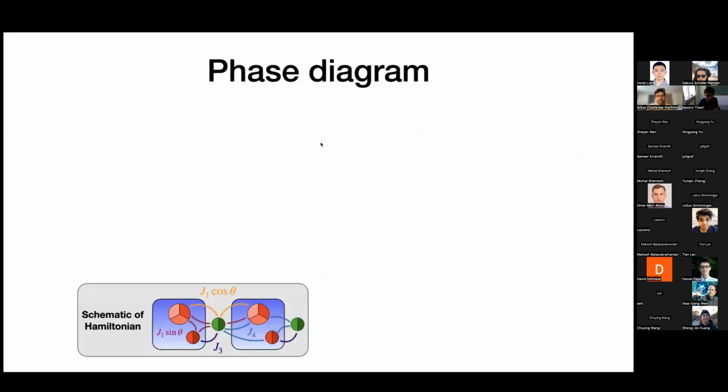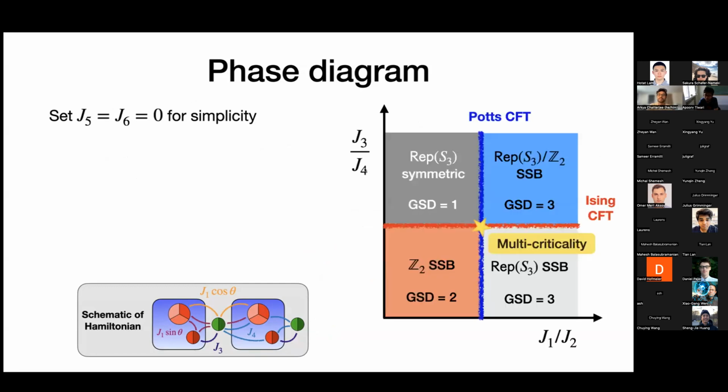So we can look at the phase diagram of this new model, and again we set J5 and J6, these kind of ugly terms, to 0 for simplicity. And the phase diagram is very similar to the S3 case, which is what you might have expected because vec S3 and rep S3 are Morita equivalent. So you might expect that all of their gap phases sort of match 1-to-1 with each other.